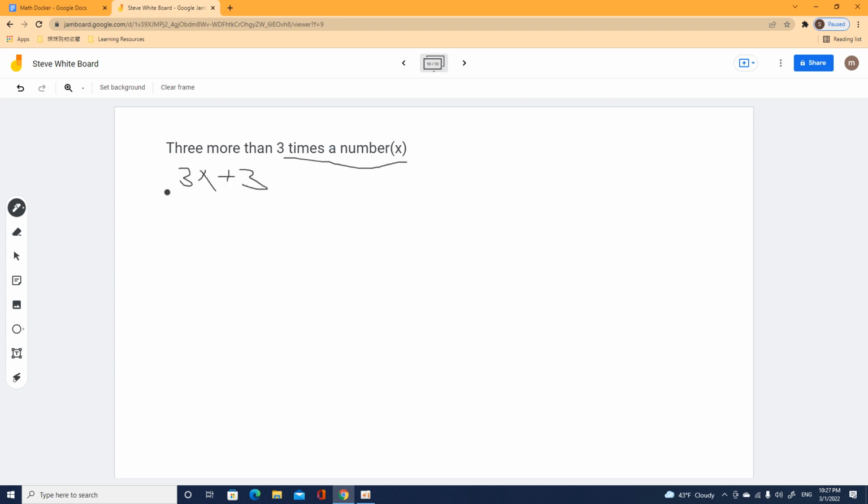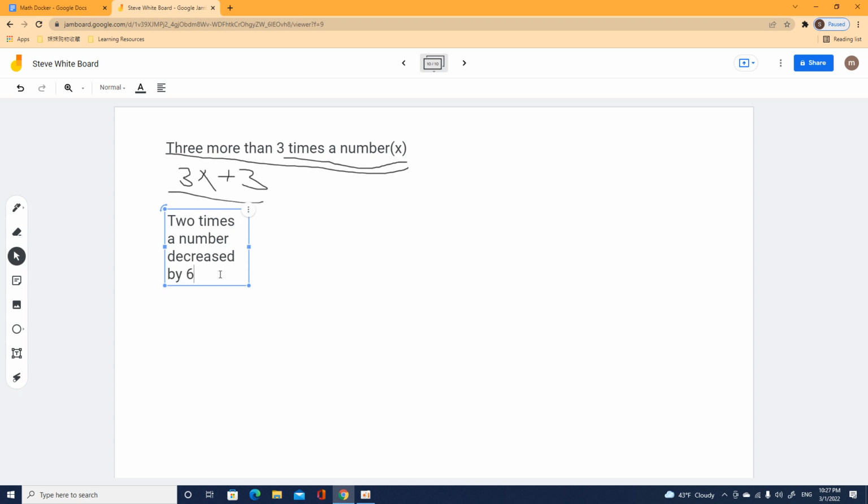That is about this math word problem. Another example, let's say 2 times a number decreased by 6. This number still use x to express.